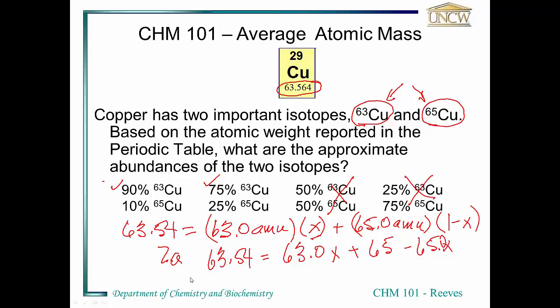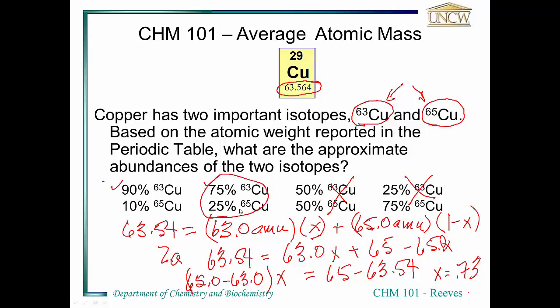So what you're going to have now is (65.0 minus 63.0) times x equals 65 minus 63.54. And if you do that math, what that's going to give you is that x equals 0.73, or 73%. So the correct answer is about 75-25.